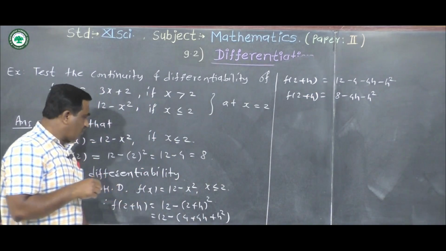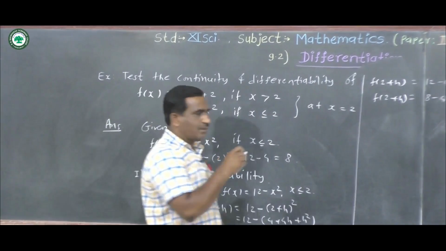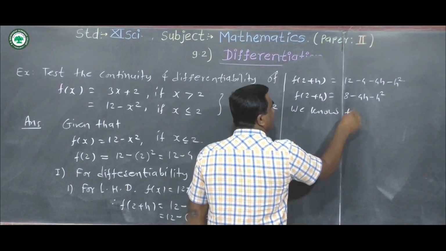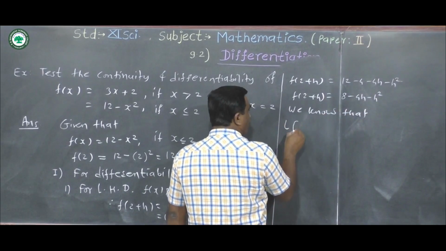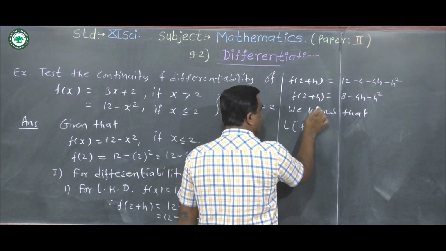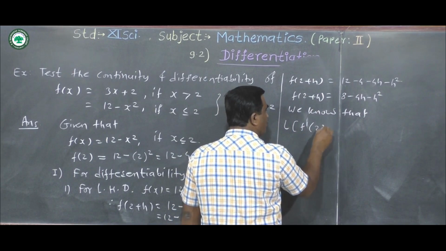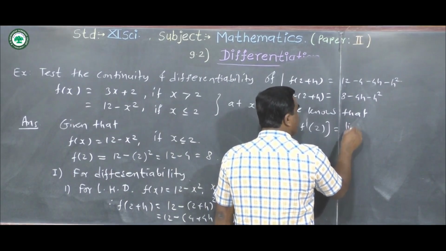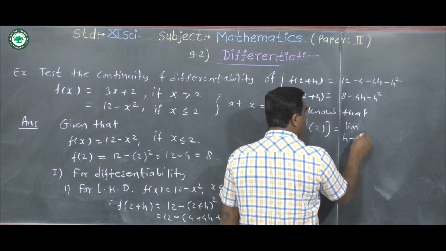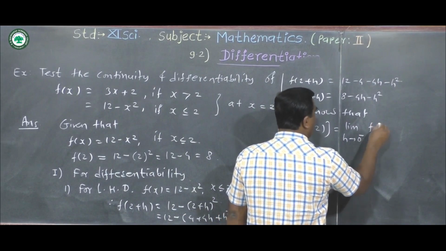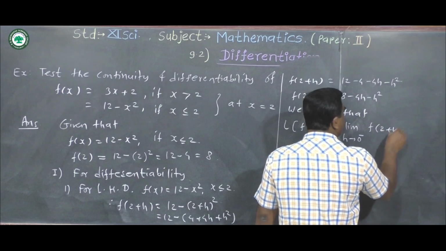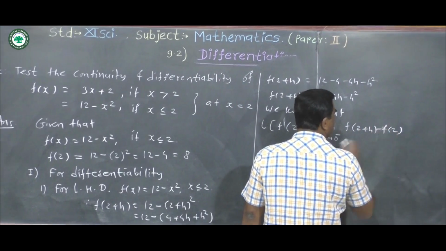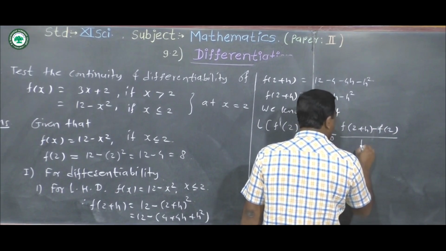Now we consider the formula for the left hand derivative. We know that L of f dash of 2, the derivative at x equal to 2, is equal to limit h tends to 0 from left, f of 2 plus h minus f of 2 upon h.